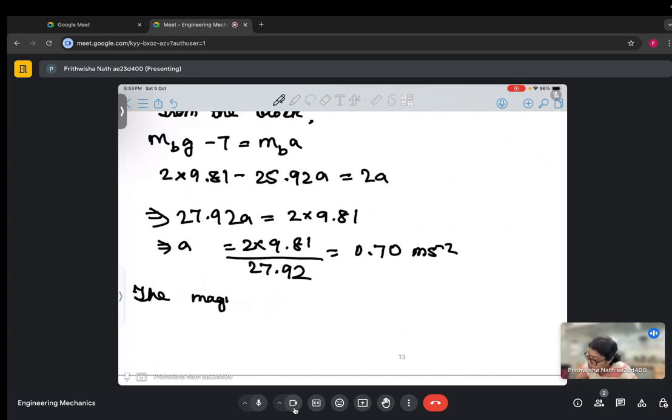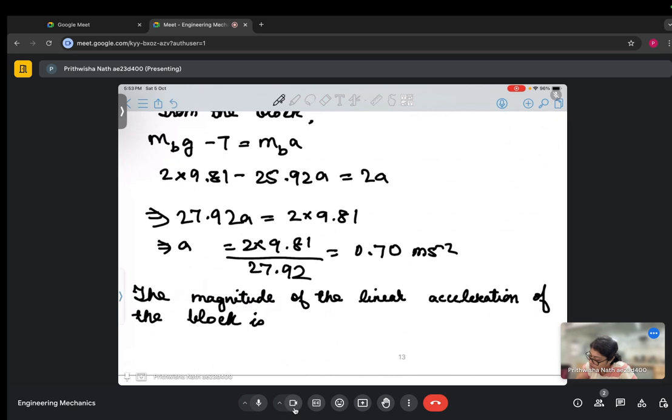The magnitude of the linear acceleration of the block is 0.70 meter per second square.